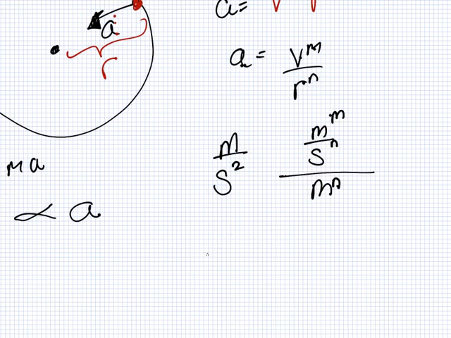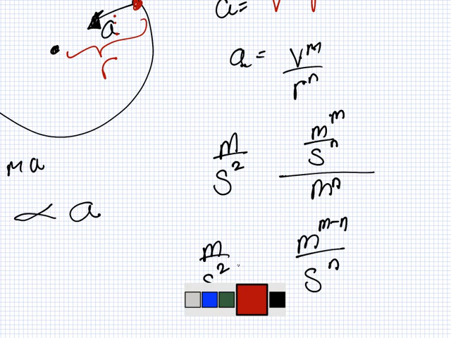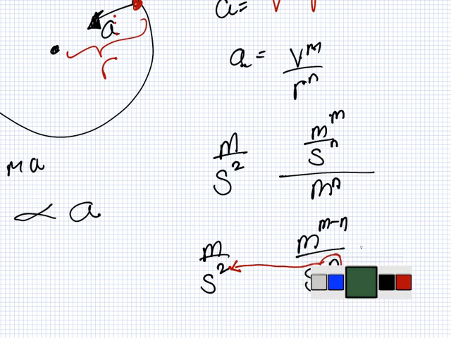I have meters per second squared, and here I have meters to the M minus N, over seconds to the M. Great. So if you compare them, you can see that the M must be 2 to keep the units the same, because this should be seconds squared.